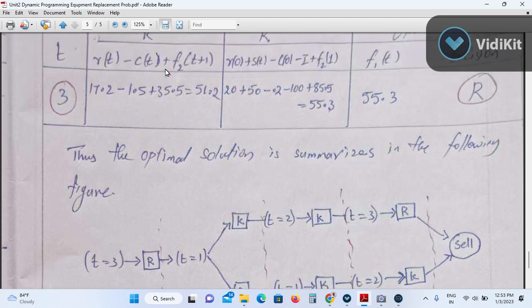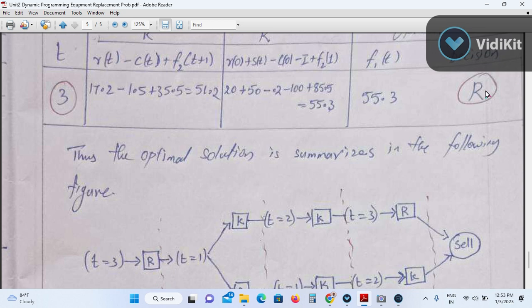So therefore, substituting all these values. F4 of t plus 1, put t equal to 1, F4 of 2. From the previous table, F4 of 2, here you observe it is 67.3.